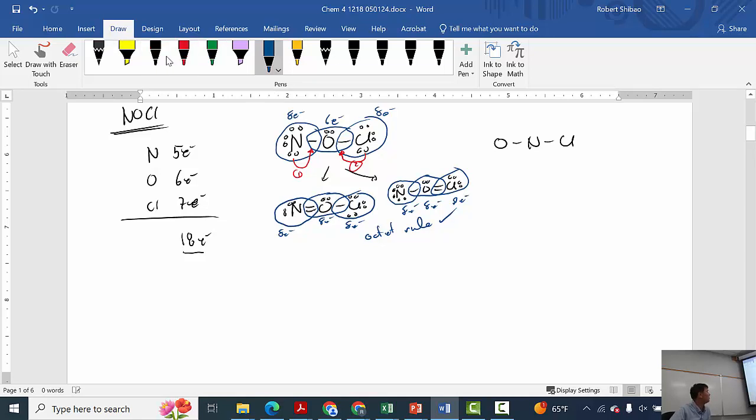Although both of those structures satisfy the octet rule, we don't just look at the octet rule. What else do we look at? We look at formal charge. So let's count up the formal charge by splitting the bonding electrons down the middle.